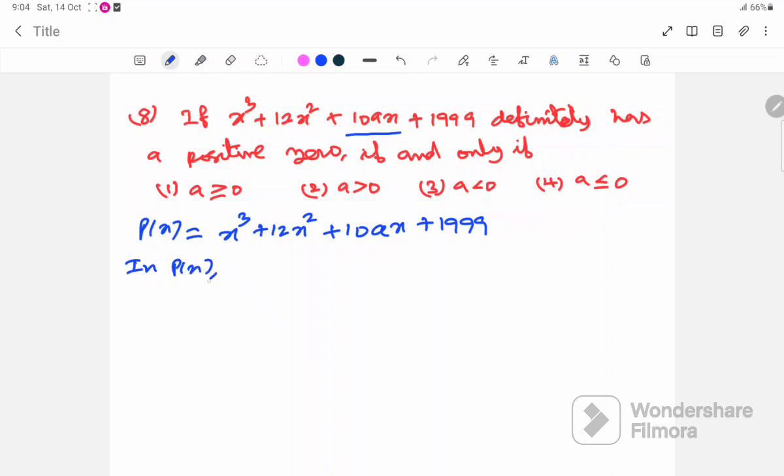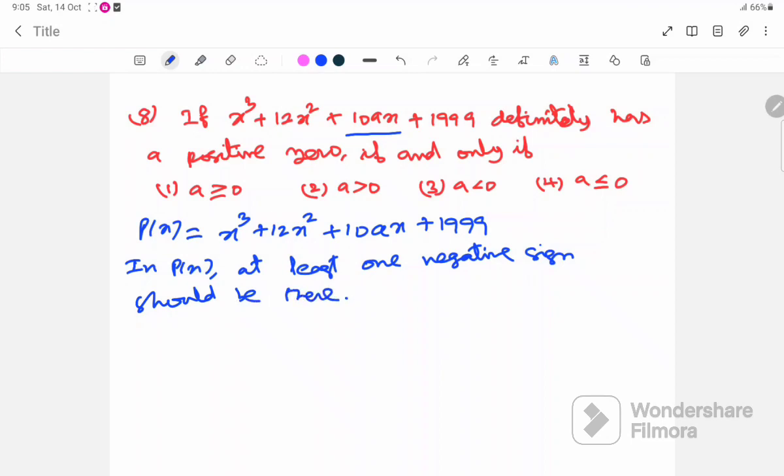In p of x, at least one negative sign should be there. Then only at least one sign change will be there. If at least one sign change is there, then only there will be a positive root. So this a must be less than 0. It is there in option C.